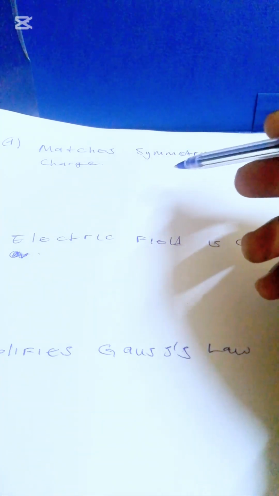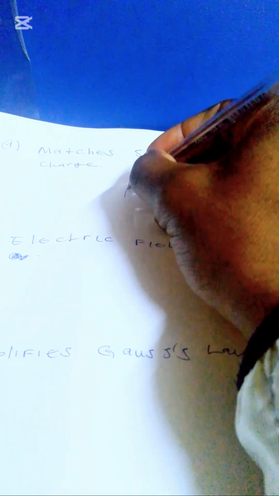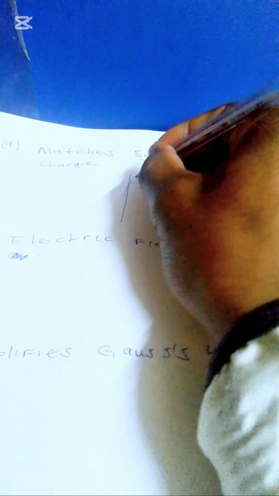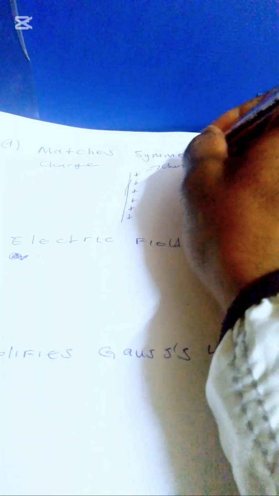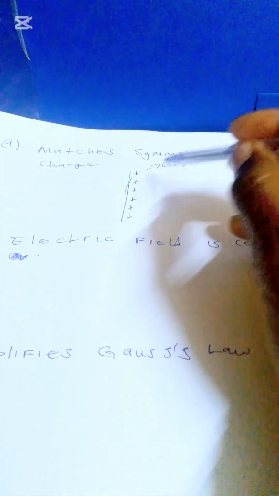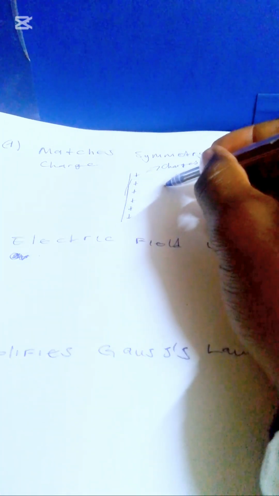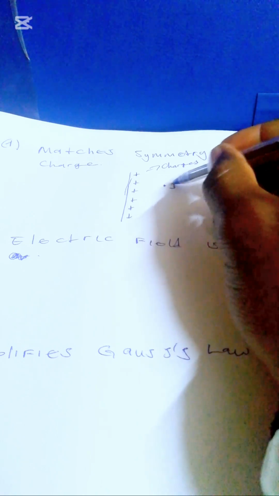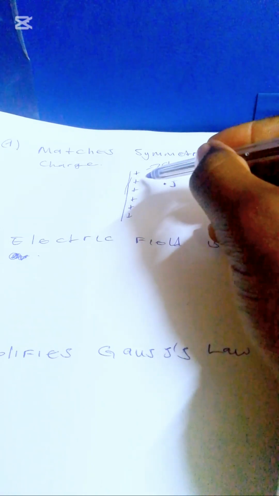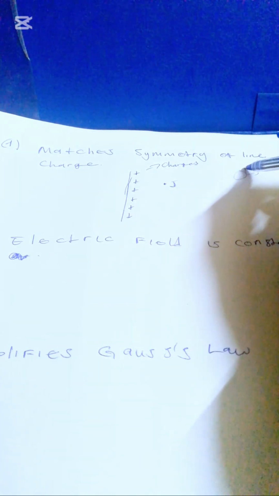For example, if we have a wire like that, then this wire has some charges, it is positively charged. Let's say from the wire we have a point, maybe point J. The electric field, like we said, of a positive charge comes outwards like that.